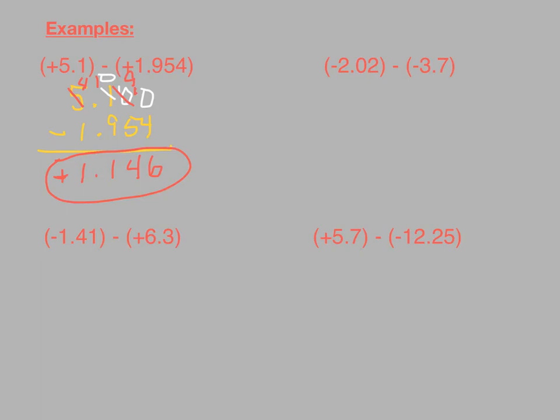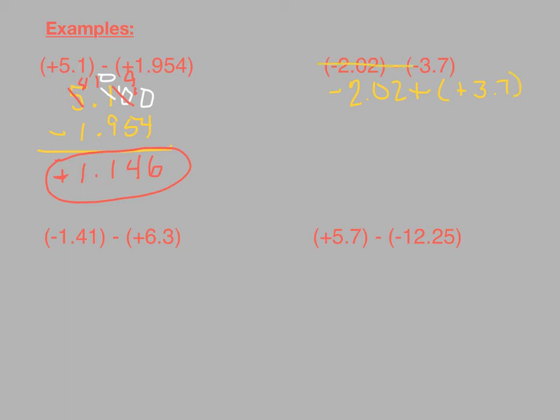Now, let's take a look at this next problem here. I am subtracting. The last one, I just did a straight out subtraction problem because the numbers were both positive. But in this one, I am going to stay, change, change, cha-cha-cha. Don't forget that.